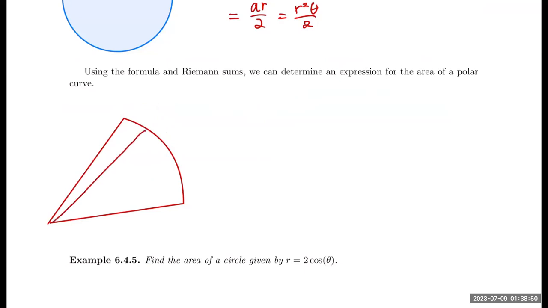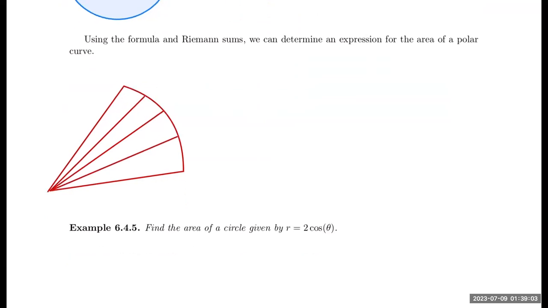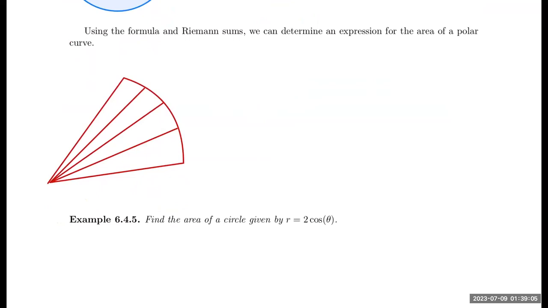Say we take from here, here, and here. Each of these broken up parts has an angle of delta theta. So this part over here has an angle of delta theta.